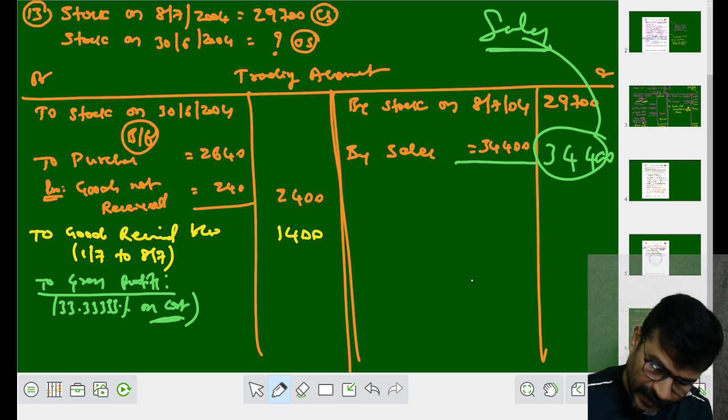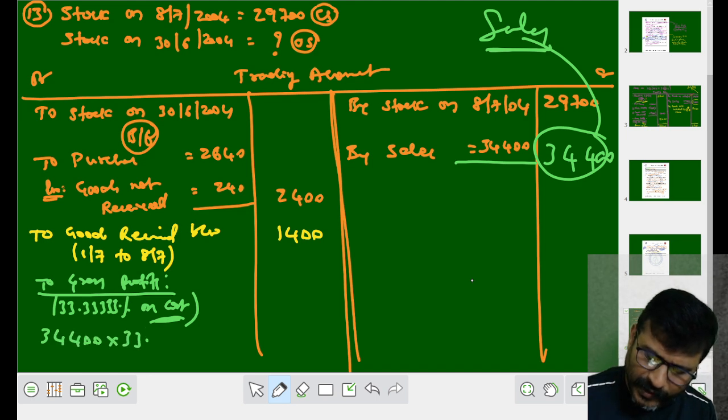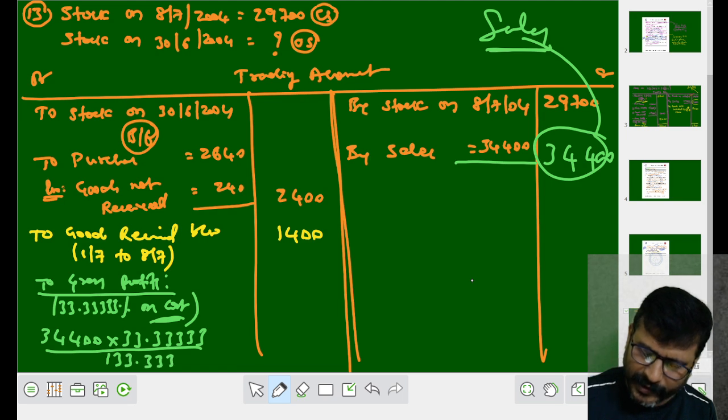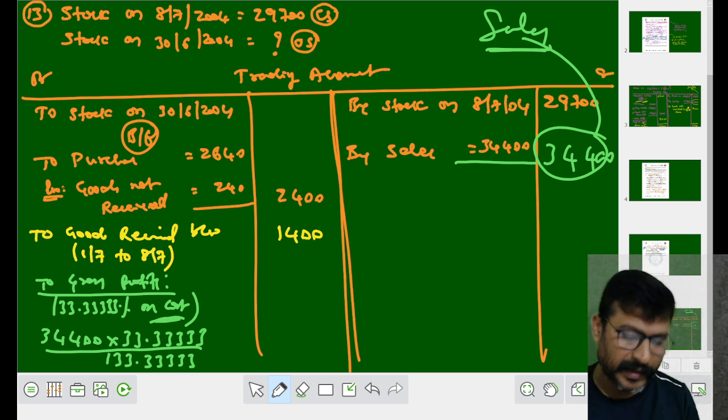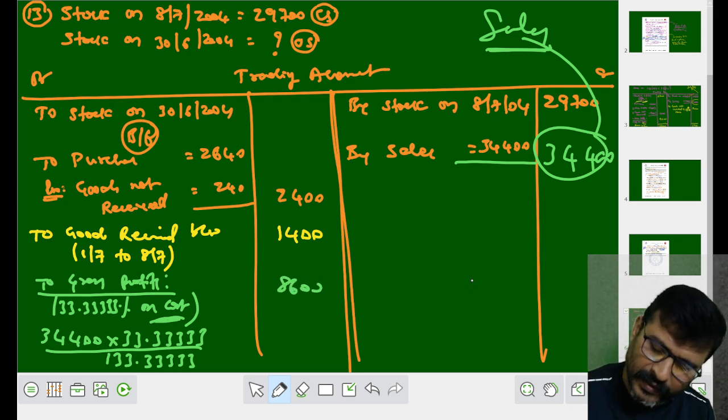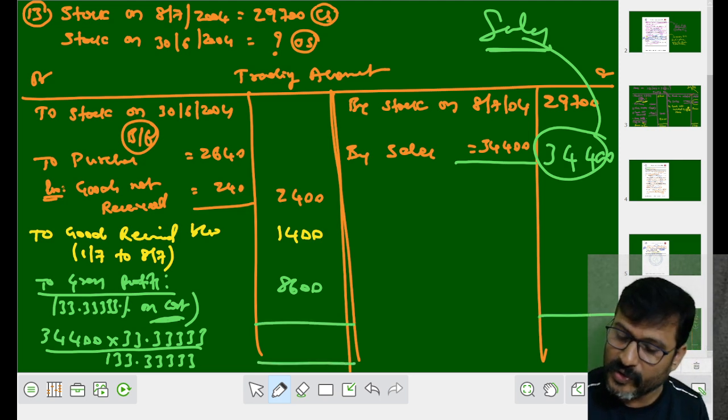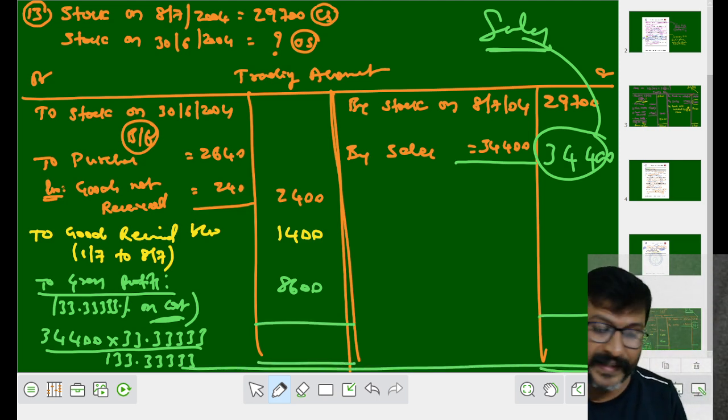Now what to do? Take 34,400 into 33.333333 divided by 133.333333. Use a calculator and work it out. It comes to rupees 8,600. Now you close. Obviously the credit side is more.